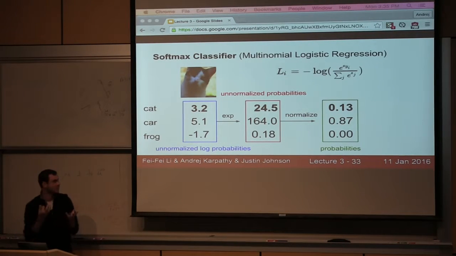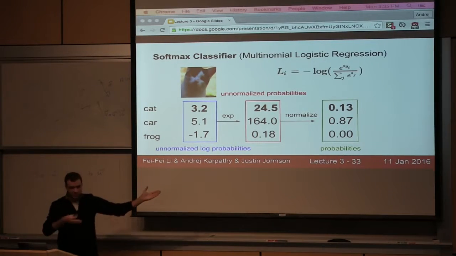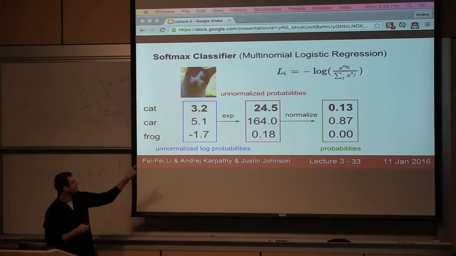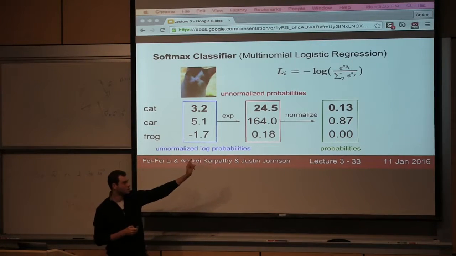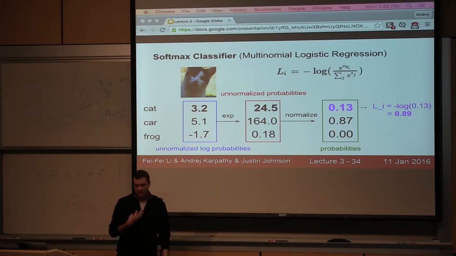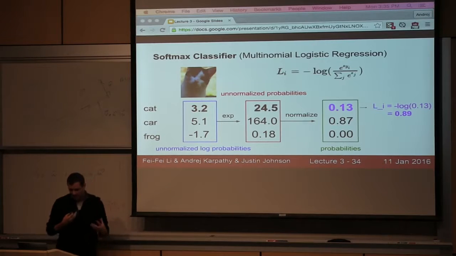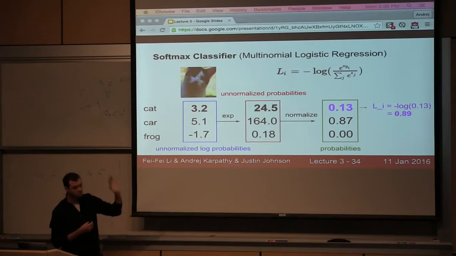So we want to minimize the negative log probability. The correct class here is cat, which only has a 13% chance under this interpretation. So negative log of 0.13 gives us 0.89. That's the final loss we would achieve for this example under this interpretation of a softmax classifier. So 0.89 for softmax.